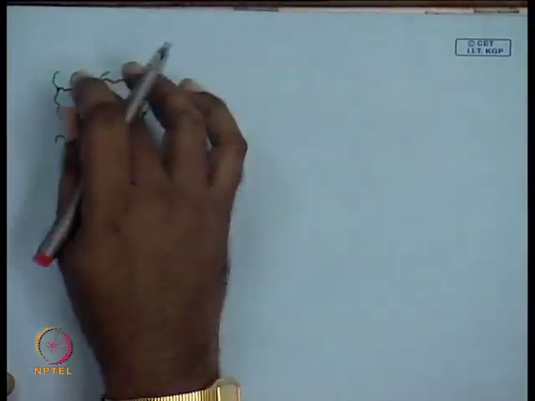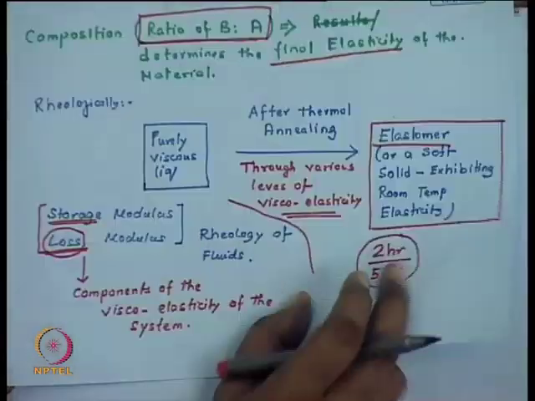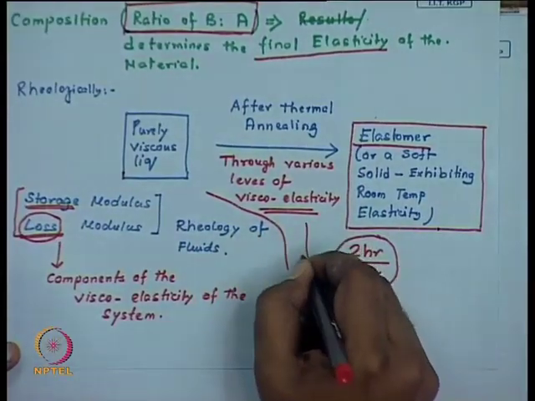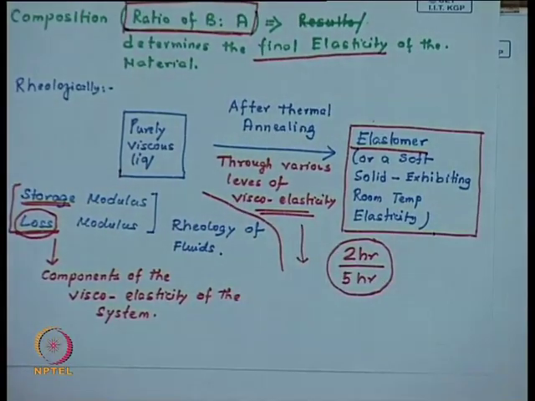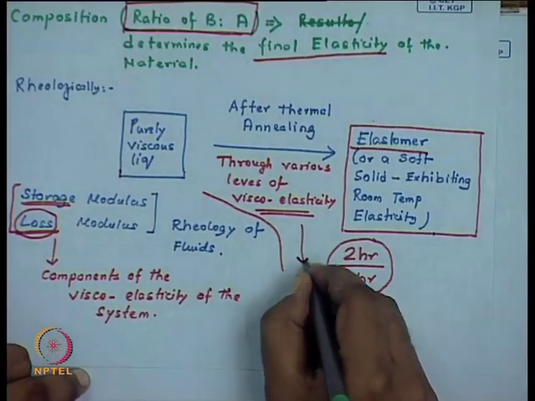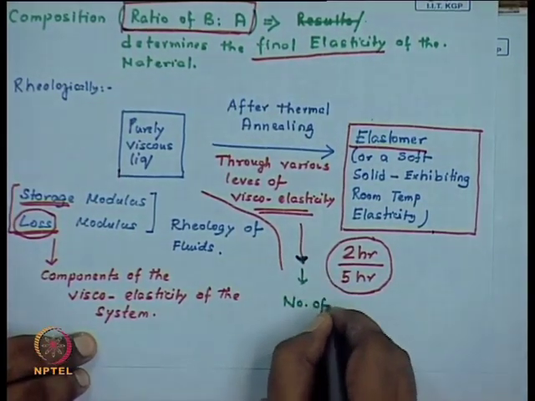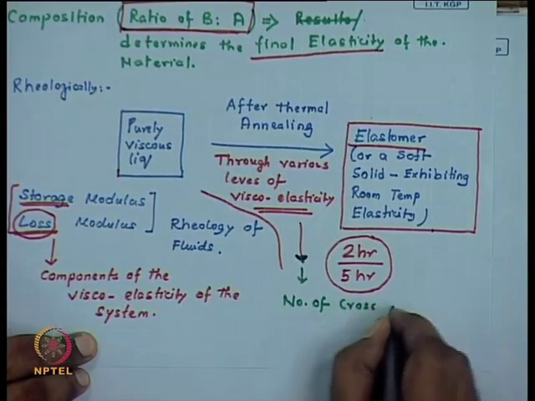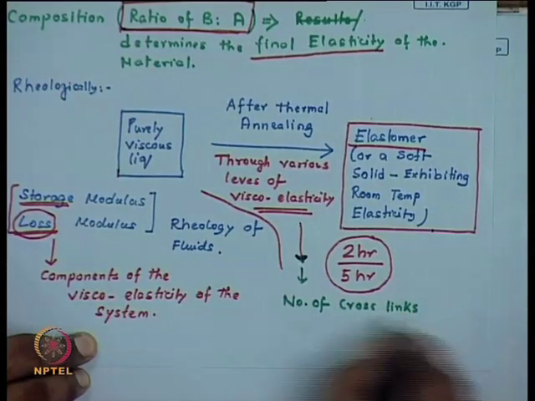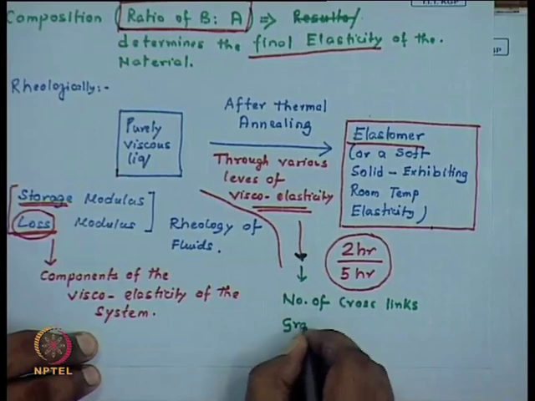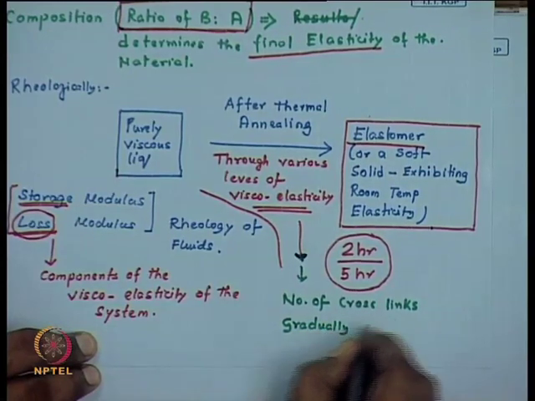And at intermediate stages, from the molecular picture, with progressive annealing the number of cross links gradually increases.